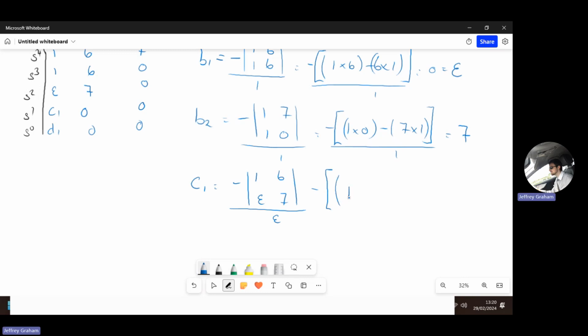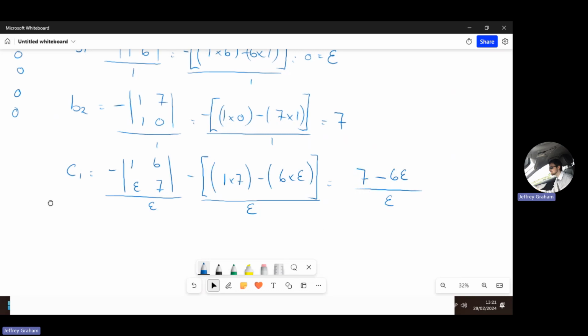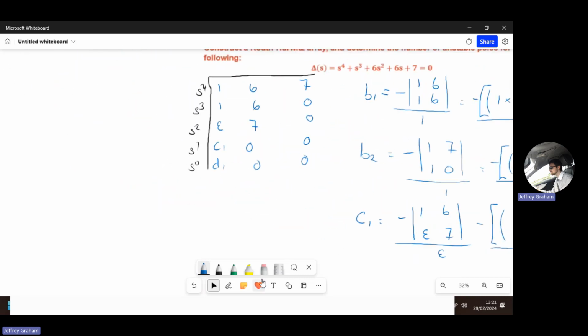So 1 times 7, take away 6 times epsilon, all over epsilon. That is 7 take away 6 epsilon over epsilon. That is about as simple as it gets for that output. There's no simplification to be done. So C1 is 7 minus 6 epsilon over epsilon.